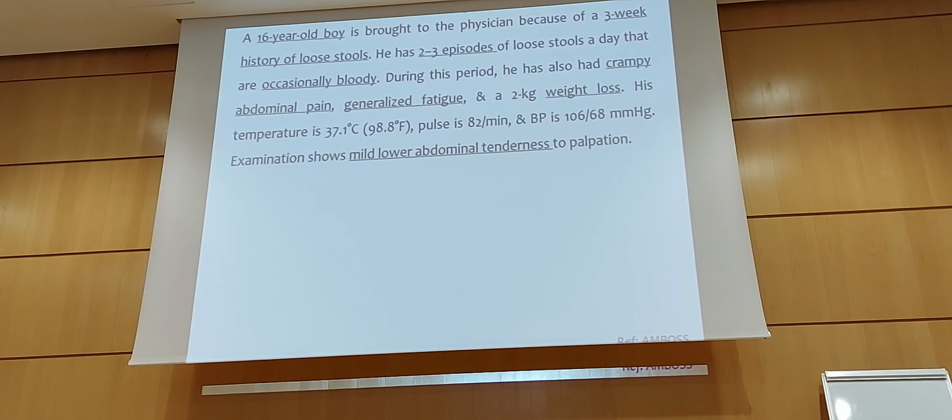Now you have normal temperature, normal pulse, pressure is slightly lower, but it's okay. There is mild lower abdominal tenderness on palpation. So still you're thinking of? And then we have the distinct possibility of some parasite like amoebic dysentery, but the stool microscopy for ova and parasites is negative. So that makes it much less likely.